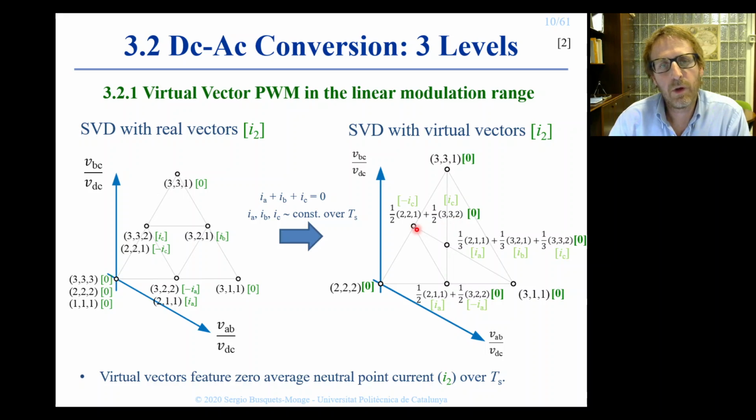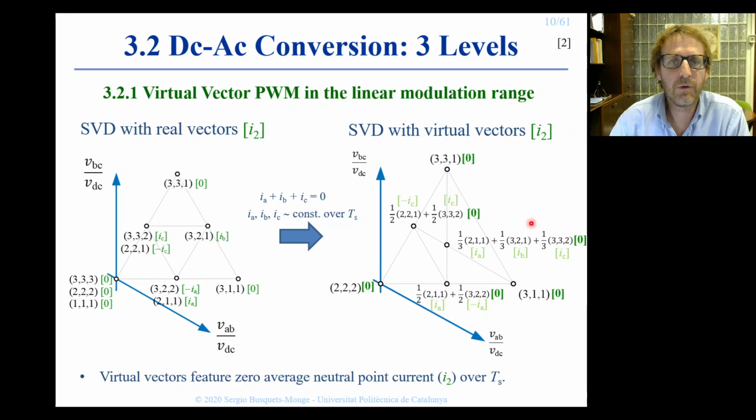This means that whenever we want to apply this virtual vector for some time, 1/2 of this time we will use switching state 221, and the other half we will use switching state 332. Since the neutral point current of both switching states is the same but opposite in sign, overall when we apply this virtual vector, we will generate a 0 average neutral point current.